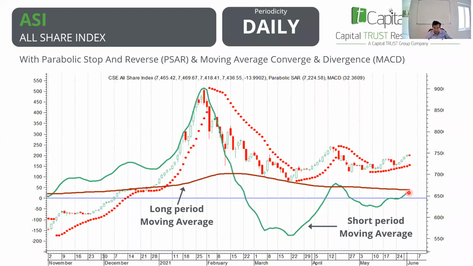Most probably it would have cut because this was updated about 4 days ago. By now it would have cut. And this long-term moving average would have flattened. It has flattened already. It's almost horizontal. It would have turned up a bit. Even if it has turned up a little, that's okay.